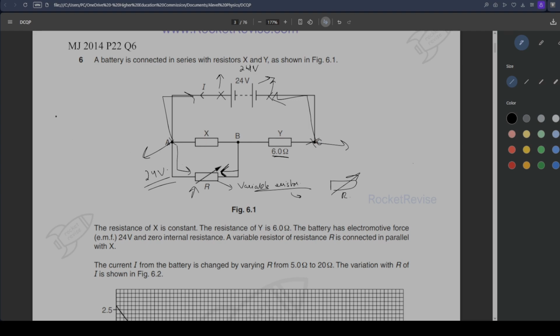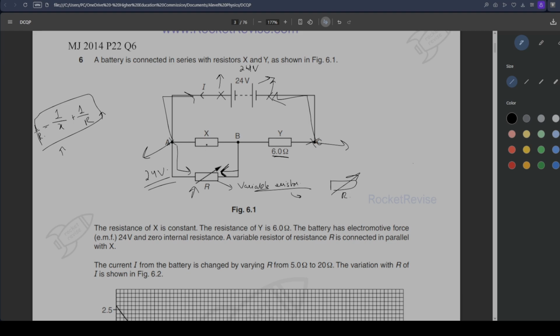हमारे पास जो resistance बन रही है, we have 1 divided by X plus 1 divided by R, and we're gonna have 1 divided by R total over here. So the parallel resistance is going to increase as R increases, right? The total amount of resistance, the value for resistance, it's going to increase.